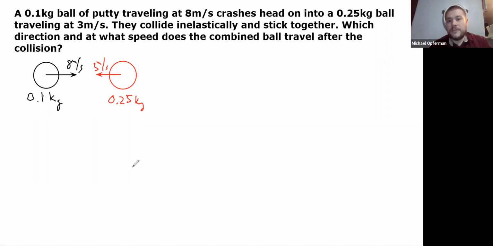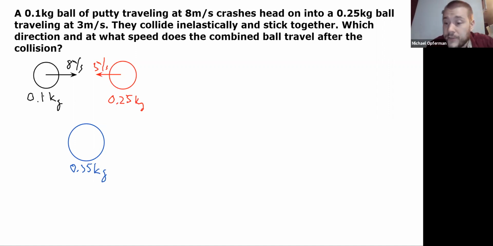Next, I need my final state. In this case, the two objects stick together in the collision. So they're going to form one combined ball, which has mass 0.35 kg, the combination of the two individual masses, because it's the merging of the two.